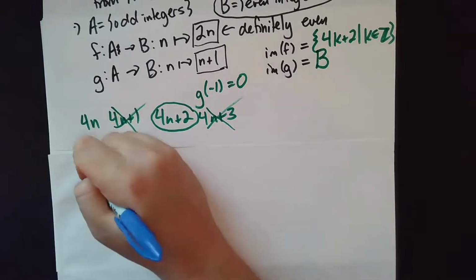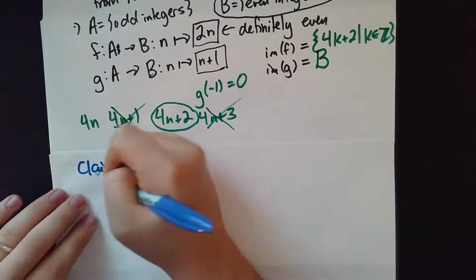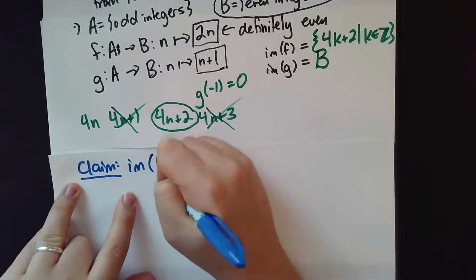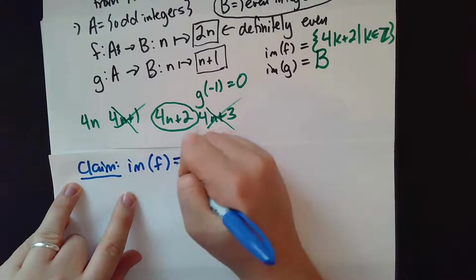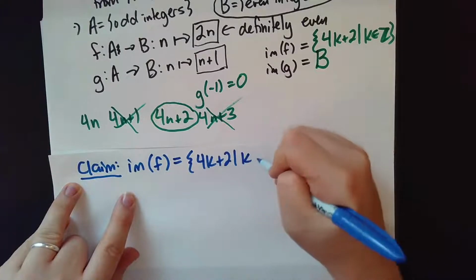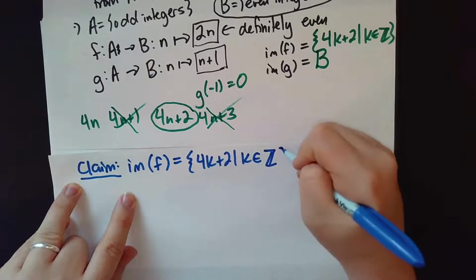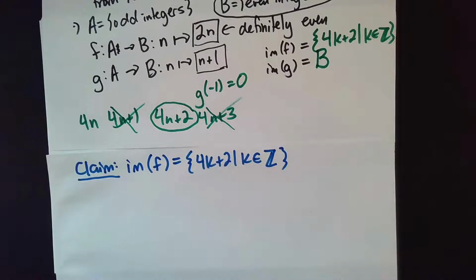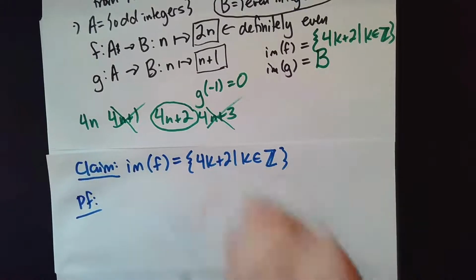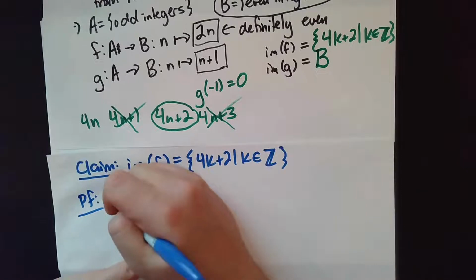Okay, so the claim here is that the image of f is the set of 4k plus 2, where k is in Z. Note in particular, the claim that I'm proving is an equality of sets. And so in order to prove it, I'm going to need to show mutual inclusion.